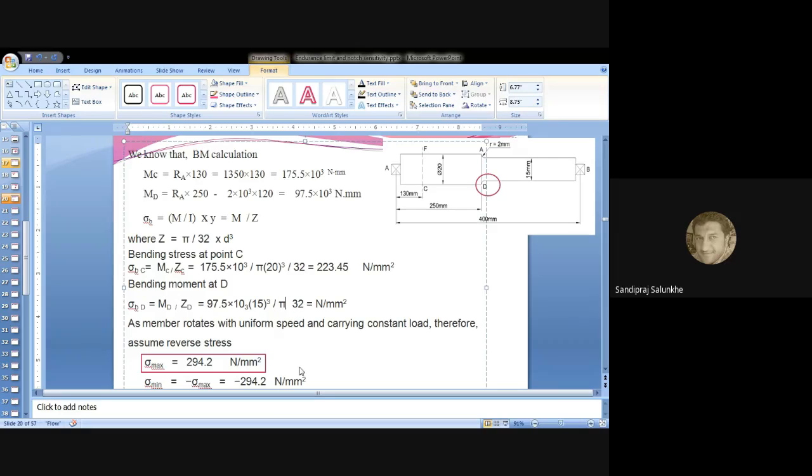It is right, divided by pi by 32. Okay. So here also it is right.